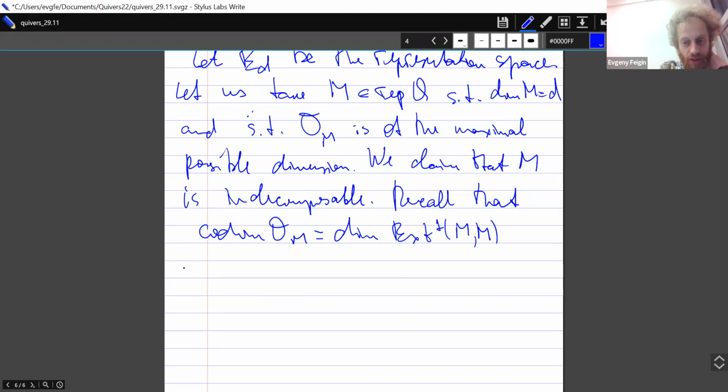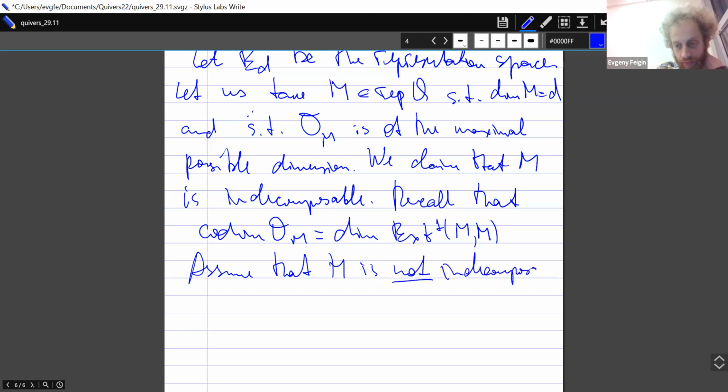So assume that M is not indecomposable. Then M decomposes as a direct sum of several sub-representations. Well, you can decompose it into the direct sum of indecomposable representations.